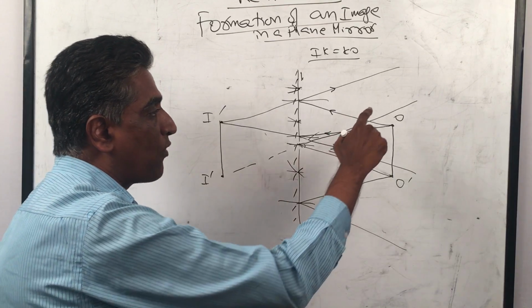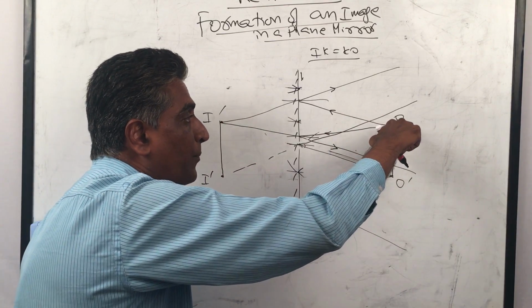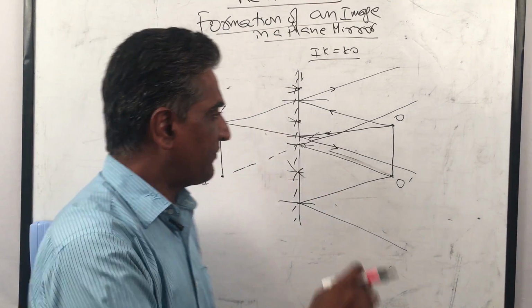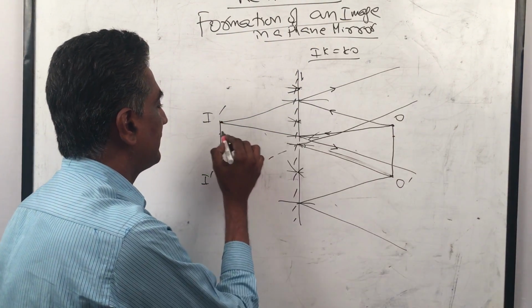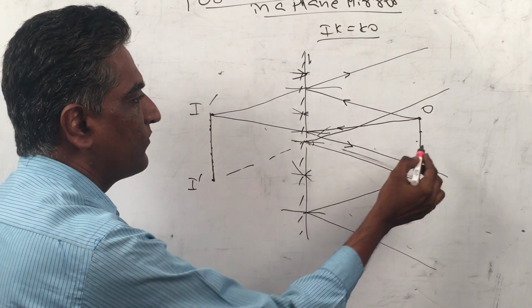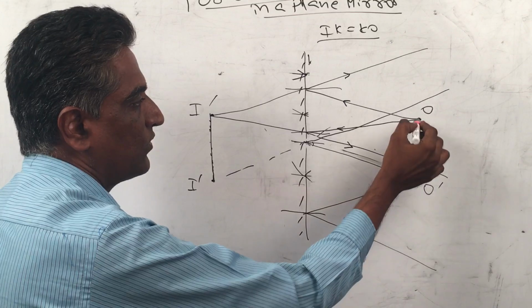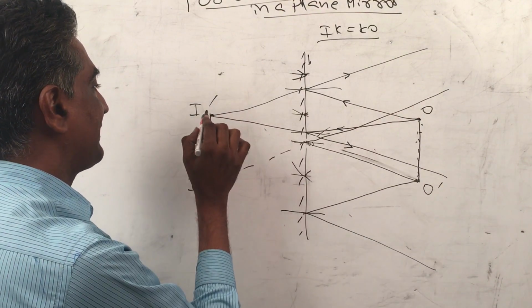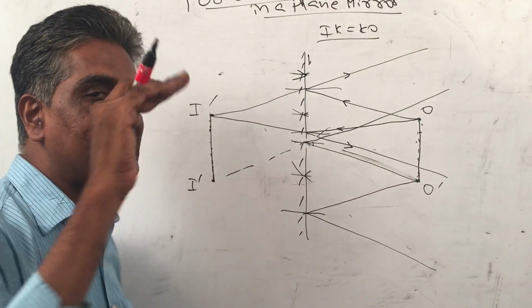So instead of taking one point, one image, we took the top point and bottom point, and we got the image here. If I take middle points, they'll come here, all these points will come like this. So that we don't need to do. We know the top point and the bottom point. The top point's image is here, the bottom point image is here, just like before.